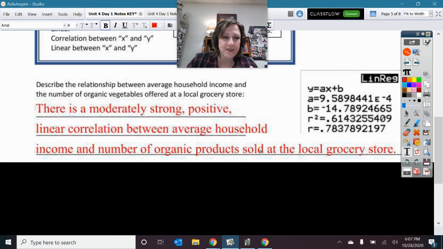If it's not linear, then we say nonlinear. But use your X and your Y in context.